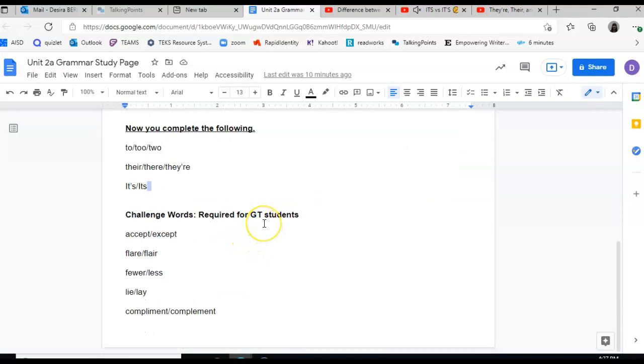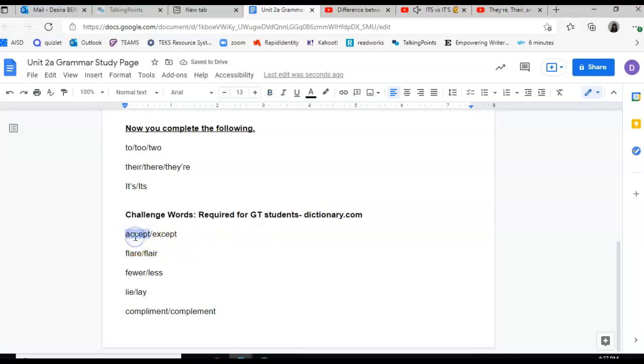If you are a gifted and talented student, you need to continue going on and making a study sheet for the following words. You can also, if you're not gifted and talented, choose to make a study page for each of these words. It will help increase your vocabulary. If you're choosing to use these words and figure out what they mean, you're going to now use dictionary.com.